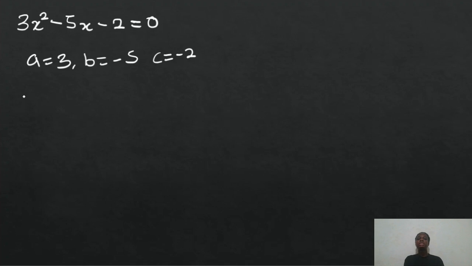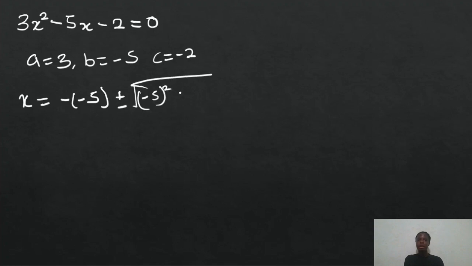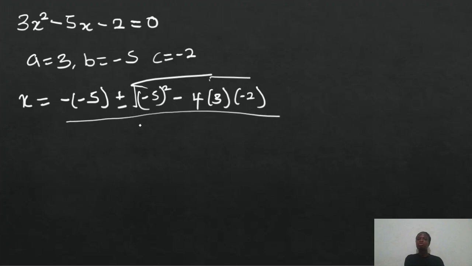So when we put this in the almighty formula, x is going to be -5 plus or minus root of -5 squared minus 4 times a, which is 3, times c, which is -2, all over 2a, which is 3.